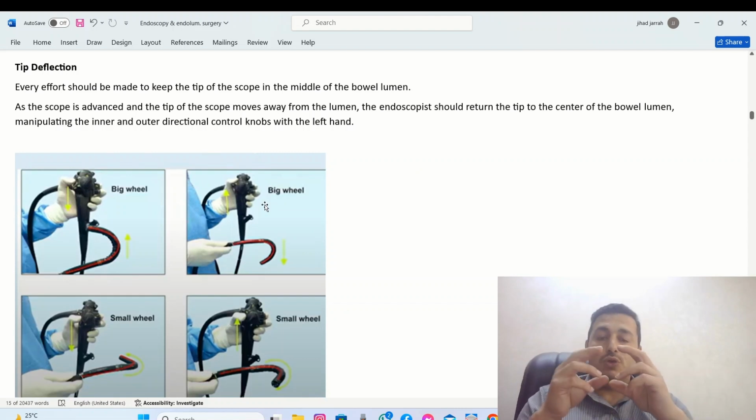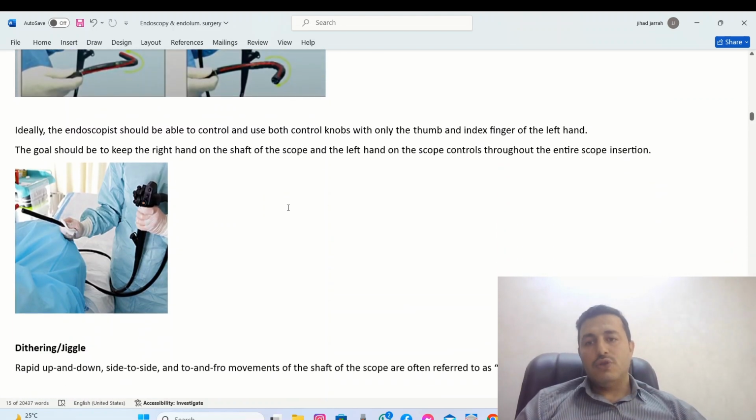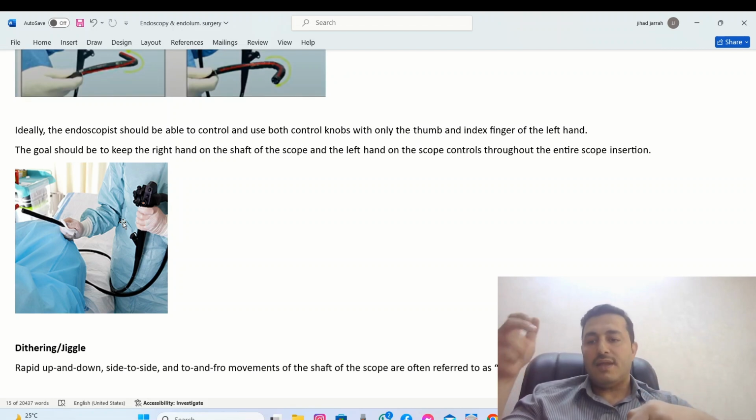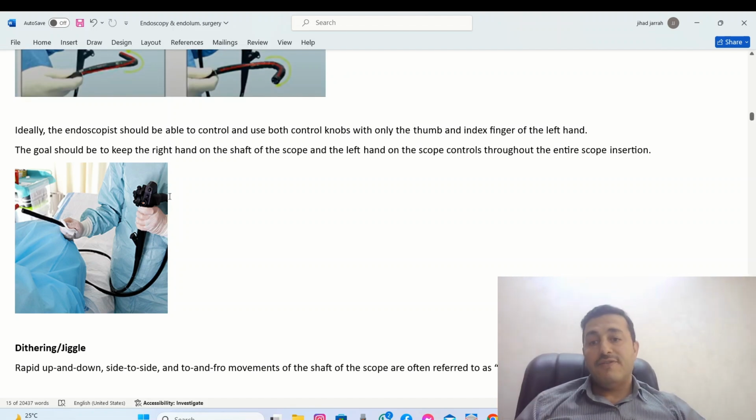We have two wheels, a small wheel and a big wheel, one for up and down, the other for left and right. Ideally, hold the control unit with your left hand and the scope with your right hand. With your right hand you can do the torque, dithering and jiggling, insertion, and pulling, and with your left hand you use the big and small wheels to control the tip deflection.